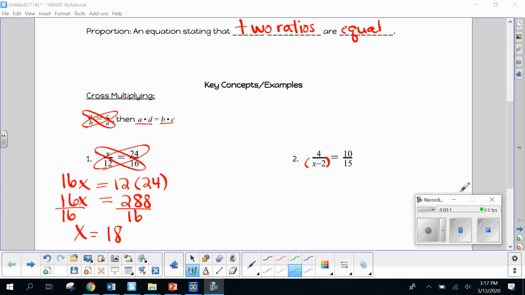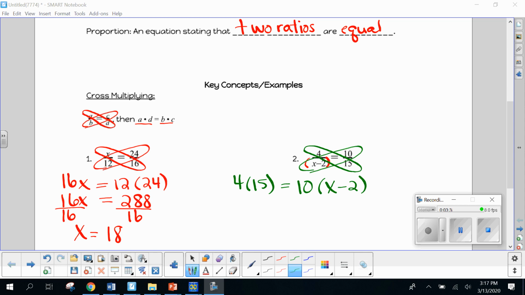I'm going to multiply 4 times 15. So 4 times 15 is equal to, well, I'm going to multiply these two, and I'm going to write the 10 first, and then the parentheses after. So I have 10 times the quantity x minus 2.